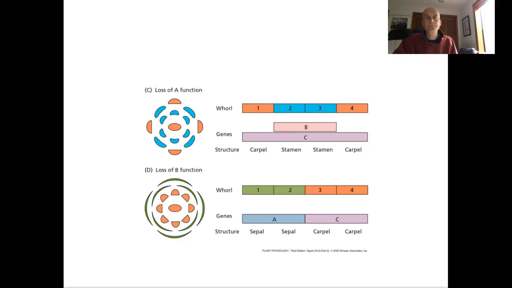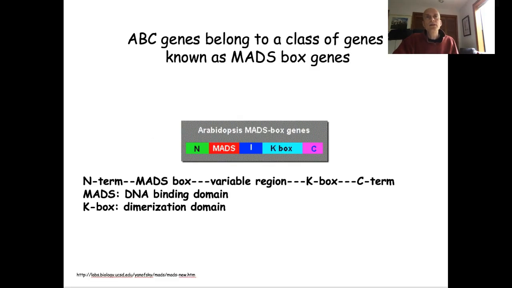So it turns out that these genes from the ABC model belong to a class of genes that was already known. Well, some of these genes were already known, and together these floral genes were categorized as a class of genes called MADS box genes.